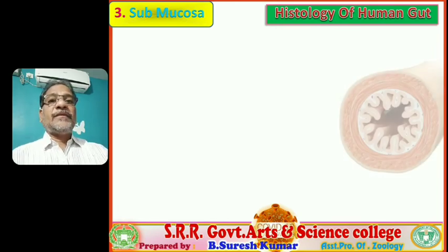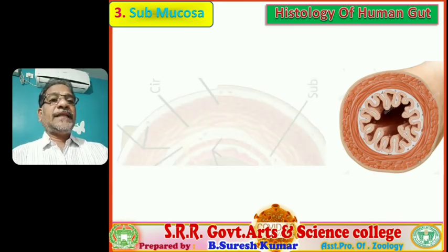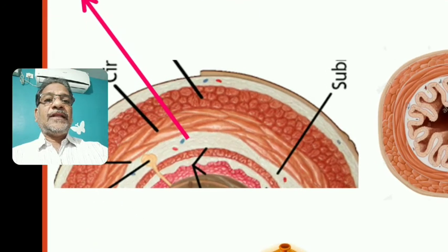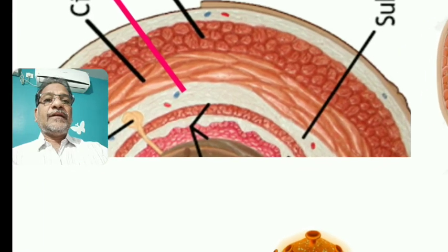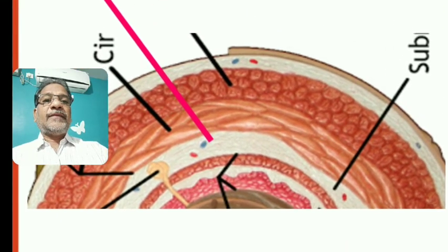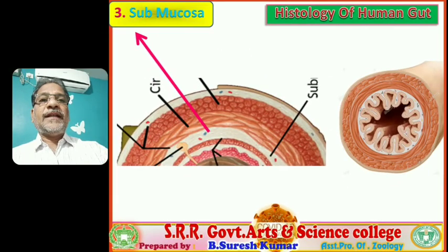Next, the third layer is the submucosa layer. The submucosa layer is present beneath the muscularis. You observe this visual. In this visual, the white and brown colored layer is present. The white color is represented with the arrow. That is the submucosa layer.